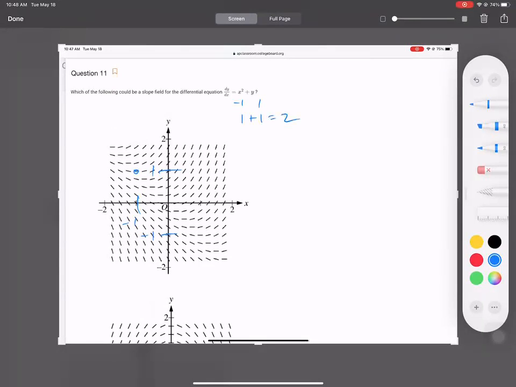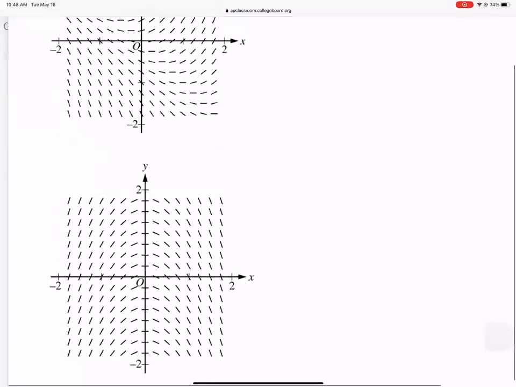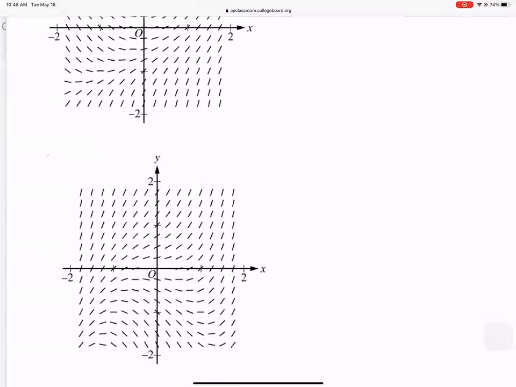So we should be positive here. And this doesn't look like a good candidate for me. Let's look at the second one. We said the second one was not going to be it. This one here doesn't look like a good candidate, but this D looks pretty good. Okay, so far we're looking at 1 and D. That seems like our best choice so far.